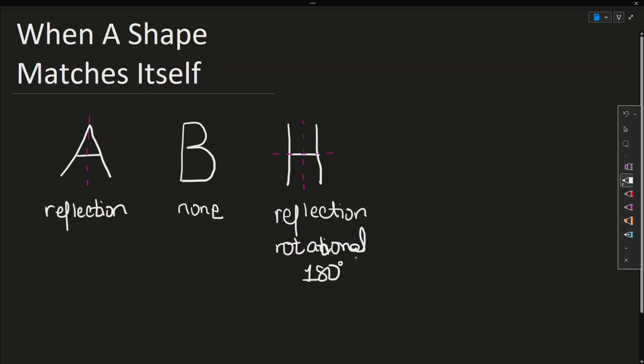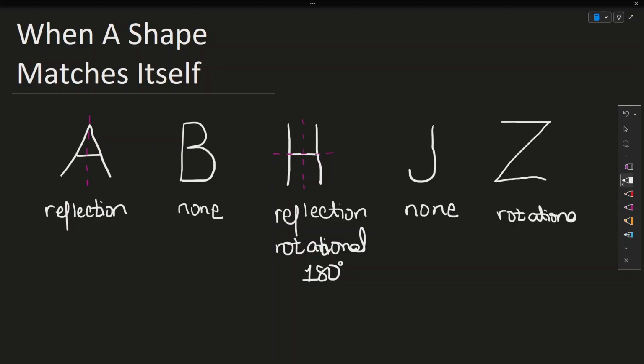So H has several symmetries, two different reflections and a rotational. The capital letter J usually has no reflection symmetry and no rotational symmetry. Finally, the letter Z does have a rotational symmetry of 180 degrees, but no reflection symmetry.